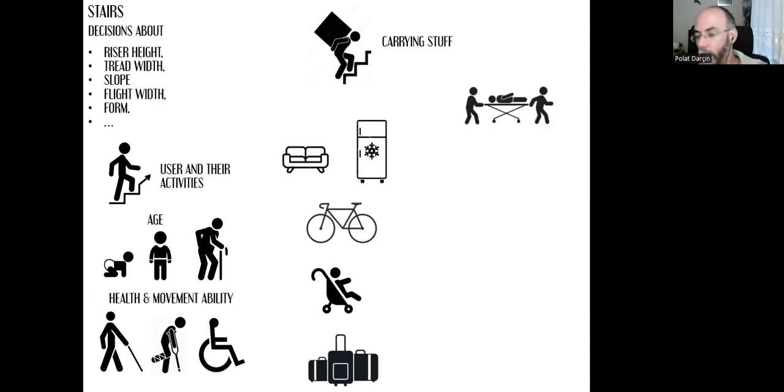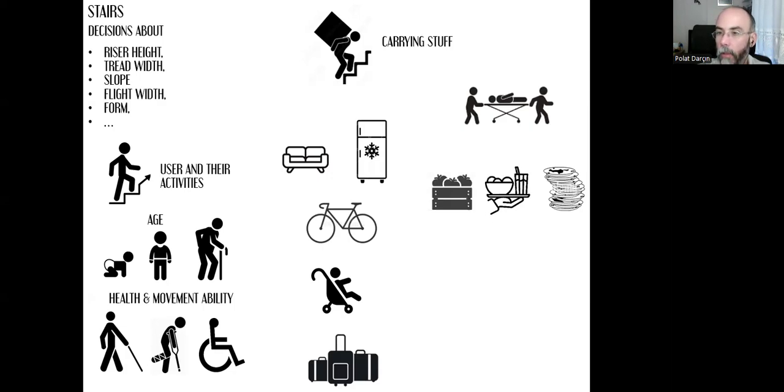Or in some buildings, we need to take into consideration gurneys. Doctors, nurses, or healthcare workers need to carry gurneys with patients. In some buildings, waiters need to carry heavy food trays, dirty plates, or food boxes.